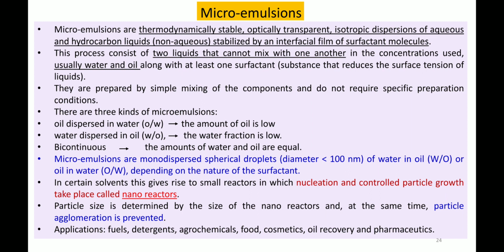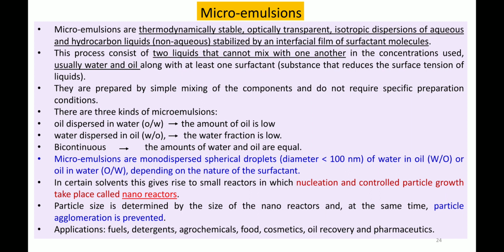So depending upon the concentration of oil in water or water in oil, basically there are three kinds of microemulsion. The first is oil dispersed in water. This is represented with the symbol O/W.